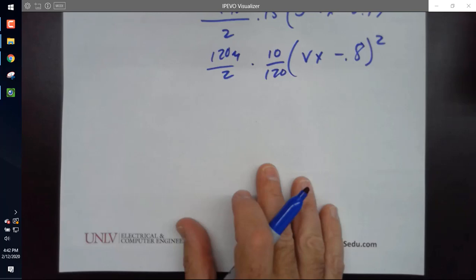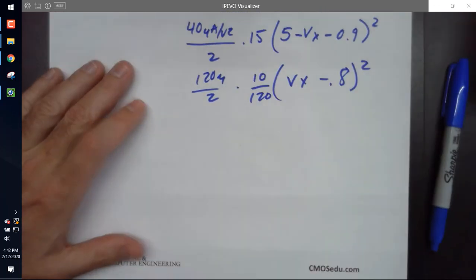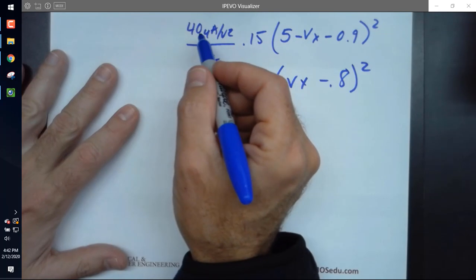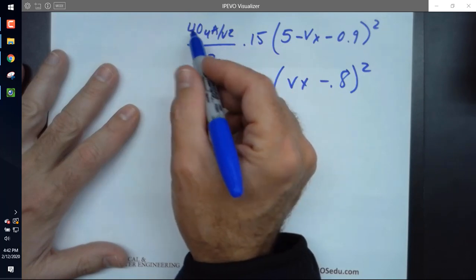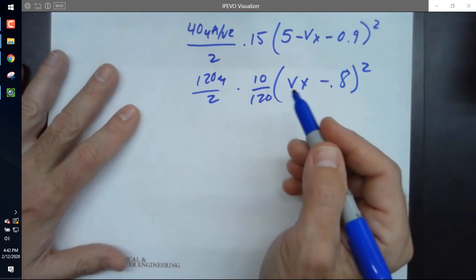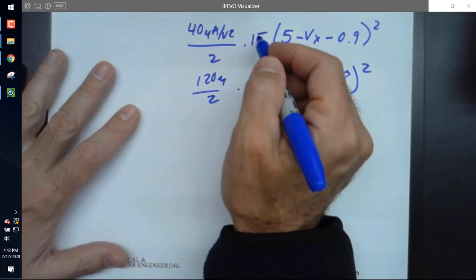Okay, so now I'm going to take the square, well, let's actually do something first. So 2 and 40 simplifies to 40 divided by 2, 20. 20 times 15.